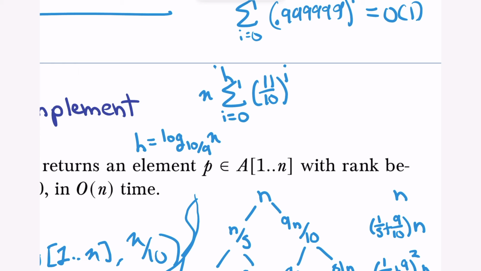So this could be a large sum, but there's some limit h, which is log base 10/9 of n. But we can just use h for this answer so that you don't have to do this mouthful. How do you deal with a geometrically increasing sequence? Sorry? No, there's a limit. It goes up to h, where h is like log of n.